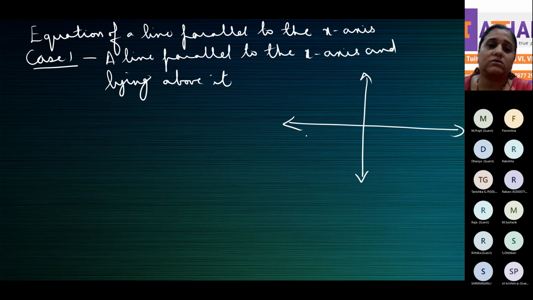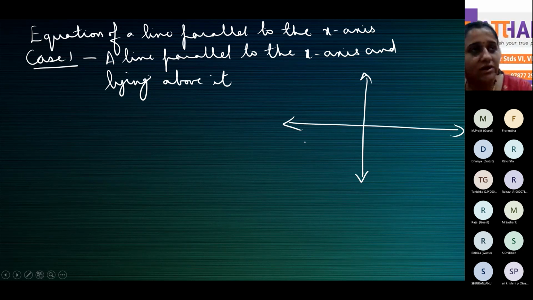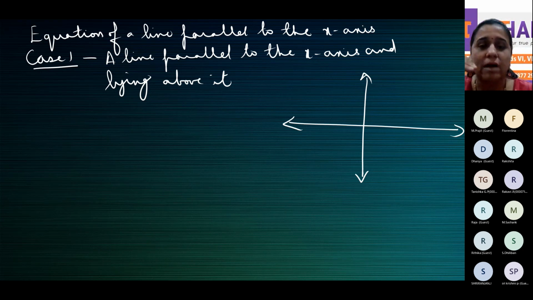With respect to the x-axis, if we have a line parallel to the x-axis, then two cases arise. Is the line which is parallel to the x-axis lying above the x-axis or below the x-axis?